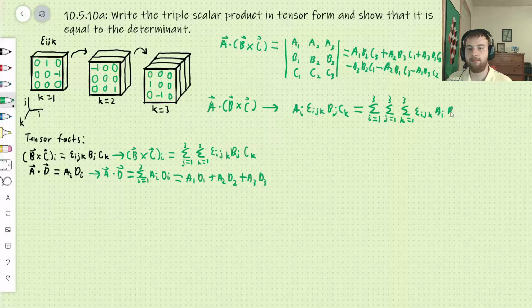A_i B_j C_k. So we're actually summing over this entire cube here, from i is 1 to 3, and then j is 1 to 3, and then k is 1 to 3. So we're summing over this entire cube of numbers.